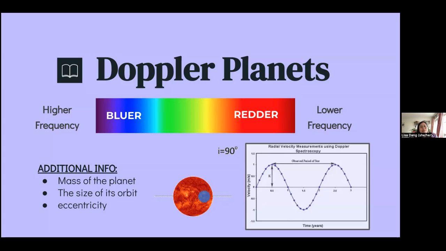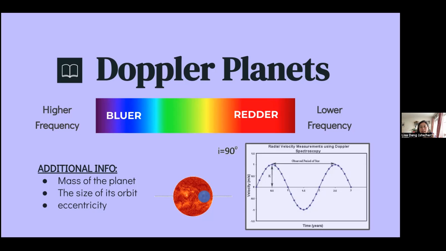If you have a spectroscopic time series, observing spectroscopically over time, you can start measuring the radial velocity of this star as the spectral lines of the star are being blue-shifted and red-shifted periodically.